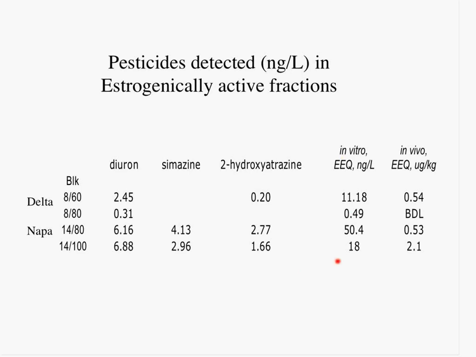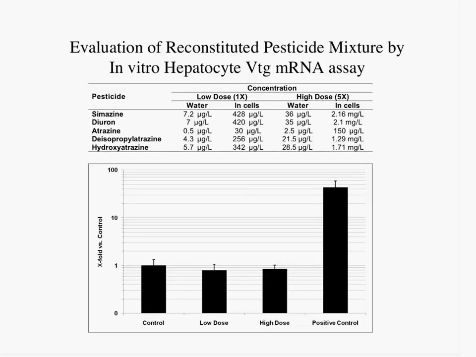And here you can see the in vitro and in vivo EEQ values. Again, most of the activity in Napa was in the nanogram per liter range, which was very high. So the question is, what happens when you combine all of these compounds in a mixture? Do they actually give us the estrogenic activity that we saw earlier?